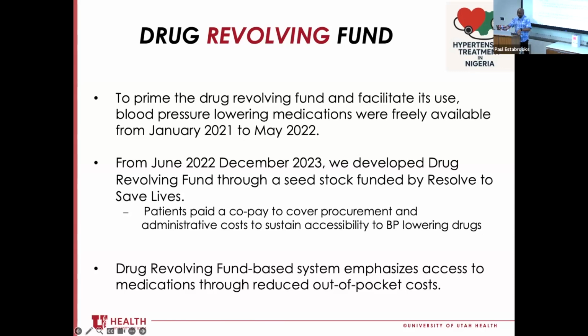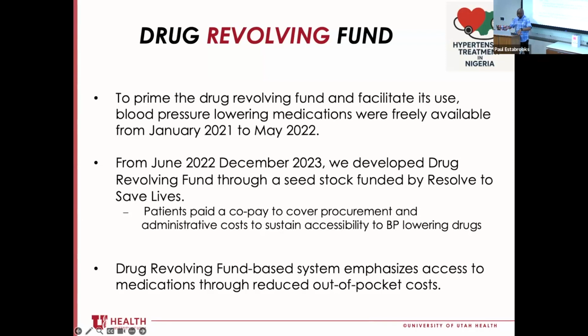From June 2022 to December, we developed the drug revolving fund through a seed stock that was funded by Resolve to Save Lives. Patients pay a copay to cover the procurement of the medication as well as administrative costs to sustain accessibility to BP lowering drugs. The patient pays just the cost price, nothing additional, to make sure they're able to afford the medication and adhere to it.